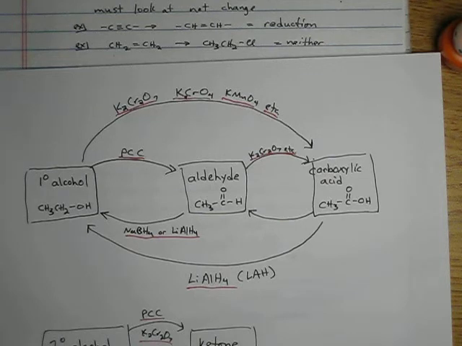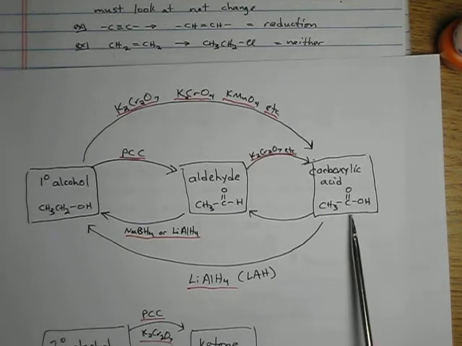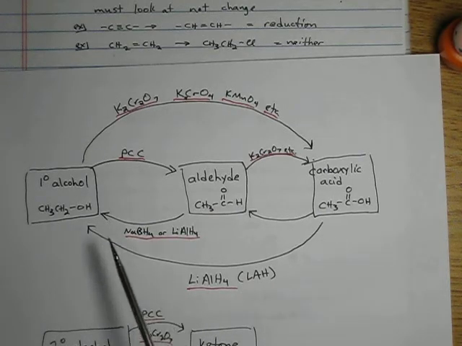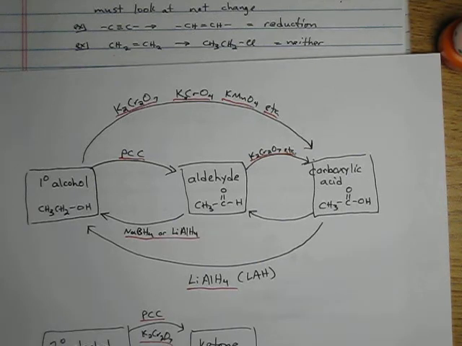All right, so what if you have a carboxylic acid and you want to reduce it down to a primary alcohol? There's only one real good reagent for this, one main way of doing that. That's with lithium aluminum hydride, LAH. Now, lithium aluminum hydride is nice. It is a very strong reducing agent, but it is nasty.